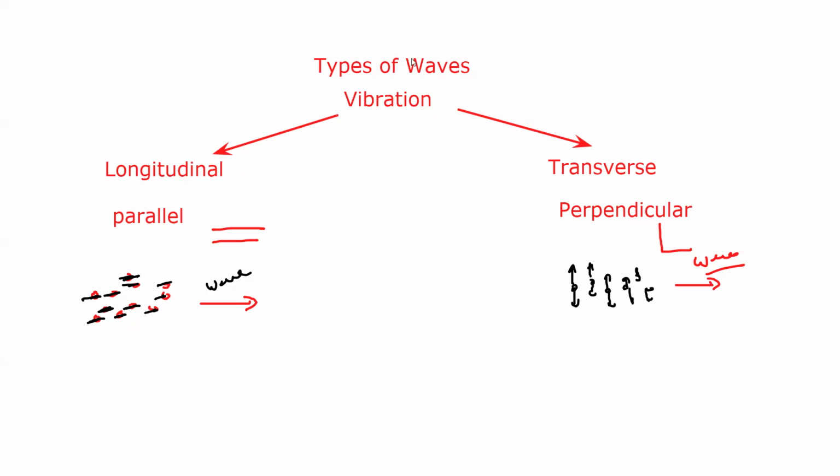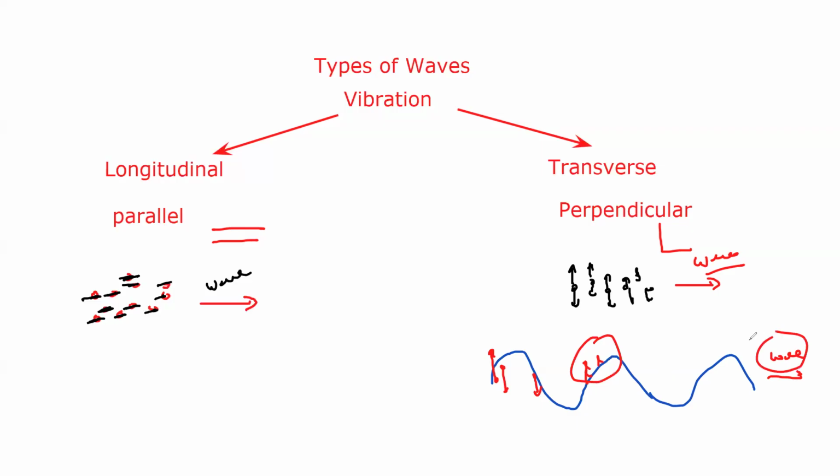So with water waves, when you observe the water, the group of particles are vibrating, these particles are moving up and down, and the wave transfers energy in this way. As the direction of the particle and the direction of the wave are at 90 degrees, we call water waves transverse.